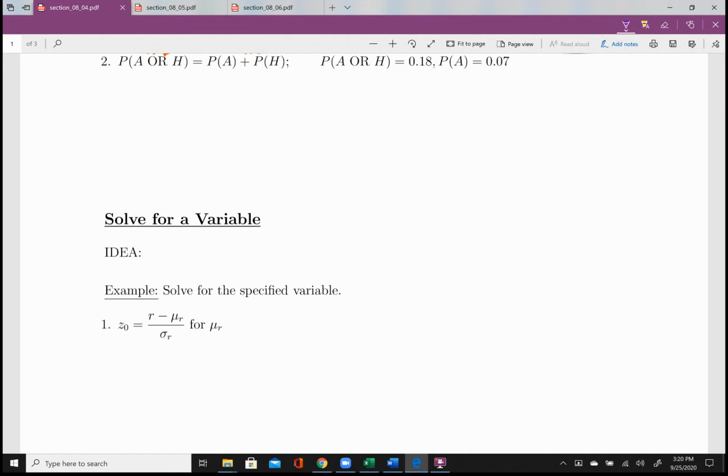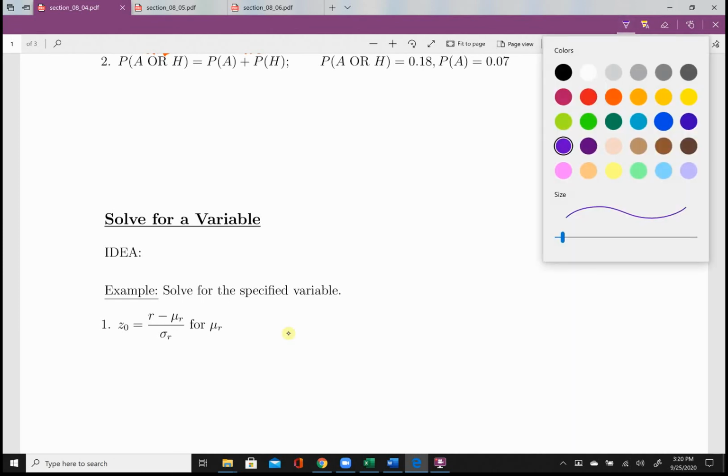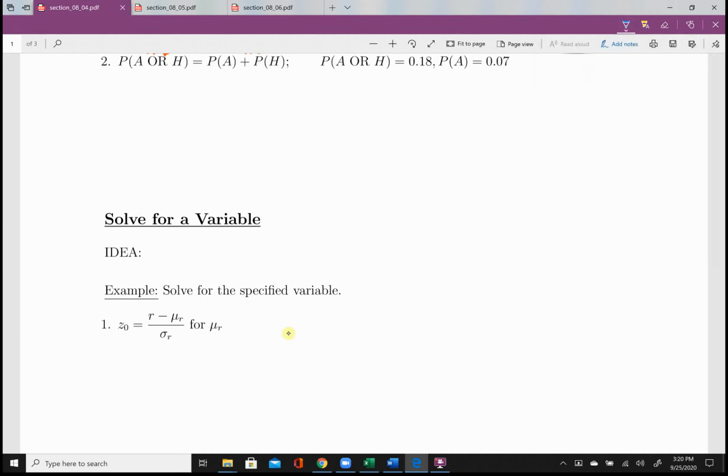Okay, that being said, let's just go ahead and plug in the values for the individual parts that we have here. So instead of P of A or H, we're going to put in 0.18. And that's the extent of what we're going to think about it.